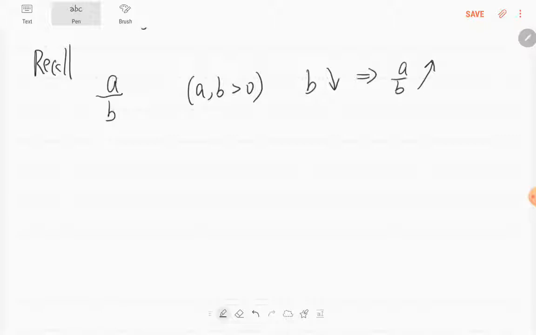This is a very important property we will use. If the denominator is decreasing, then the whole fraction would be increasing for a positive fraction, right?